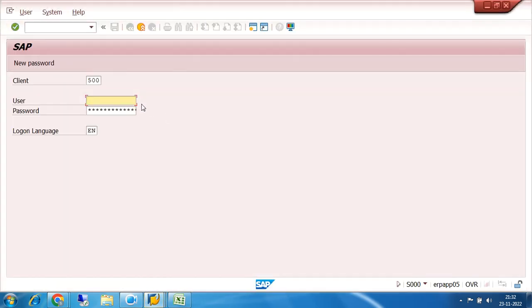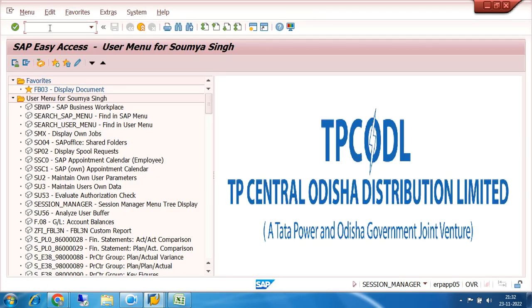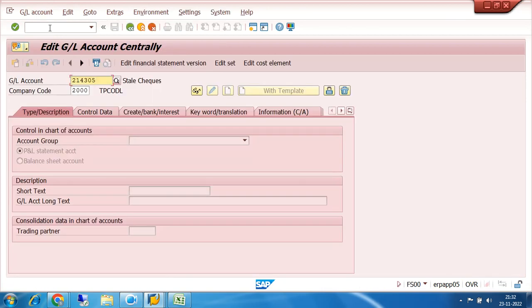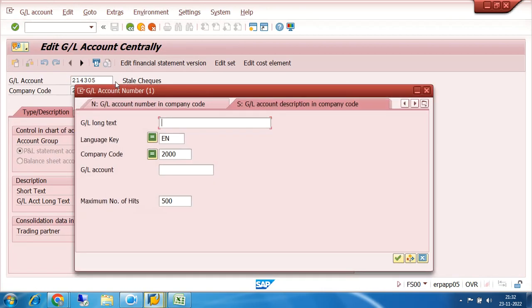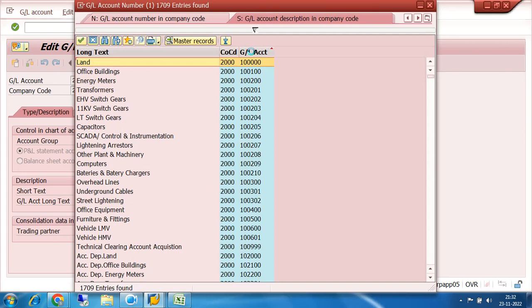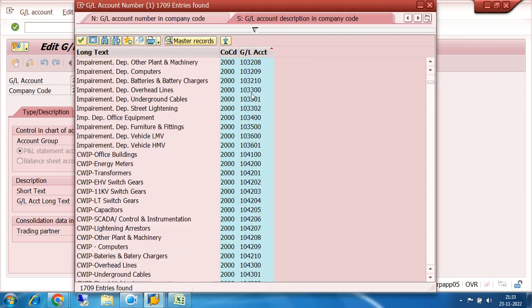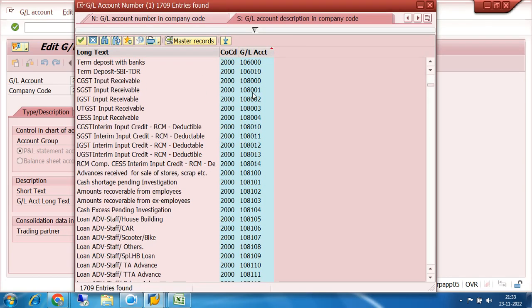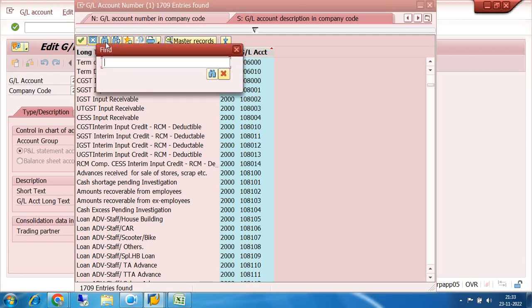Master data, GL data, FS00. We will see our zero balance clearing account, because without this controlling cannot be possible. Segment reporting, segment wise profit and loss account and segment wise balance sheet will not be possible.